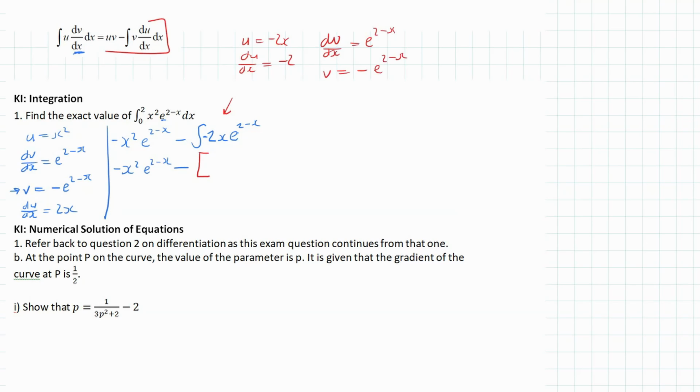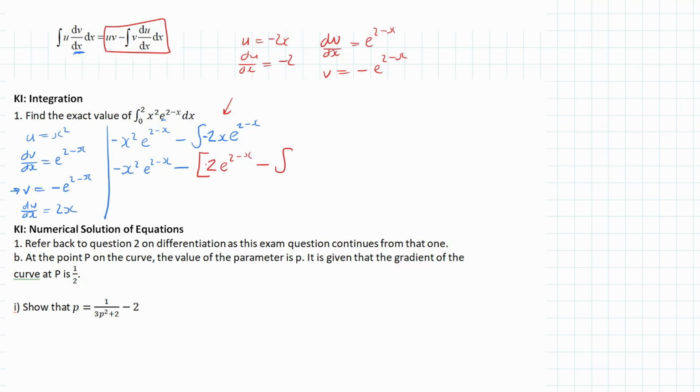Again, I use uv. So negative 2x times this one will give us 2x e to the 2 minus x. And then we're subtracting the integral of v.